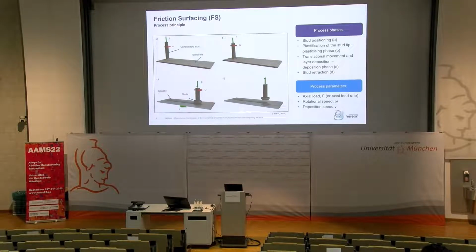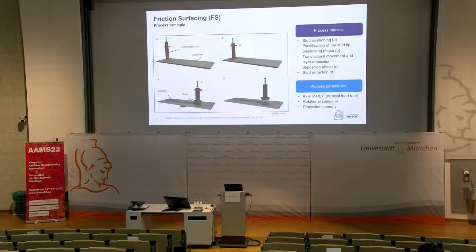Therefore, we have 2 different control types. One control type is a force control or load control type, which means that we control the load with which the stud is pressed to the substrate. Another mode is the position control, where we control the position of the stud in the axial direction.